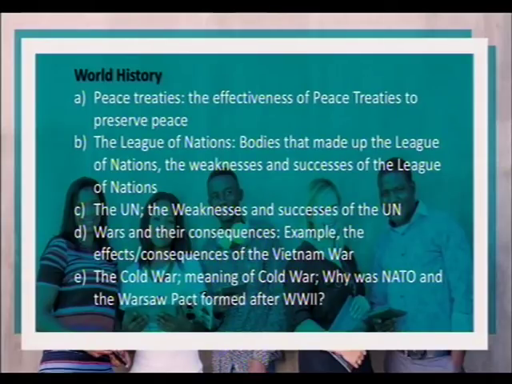Now, when you talk about the effectiveness of peace treaties, it basically means that you will have to know what treaties were introduced and how successful they were towards preserving peace. So either you need to argue whether these peace treaties were very effective, or whether they were not effective.